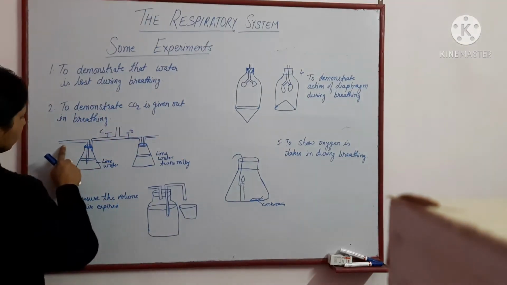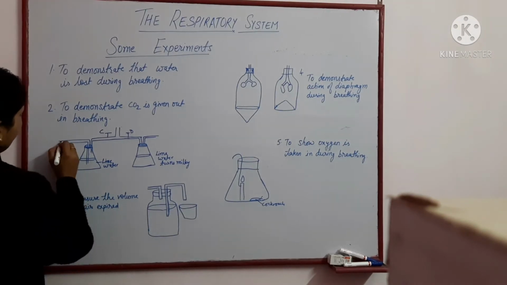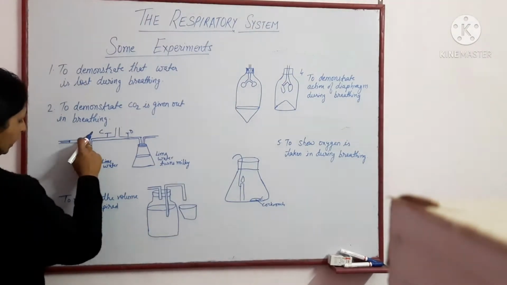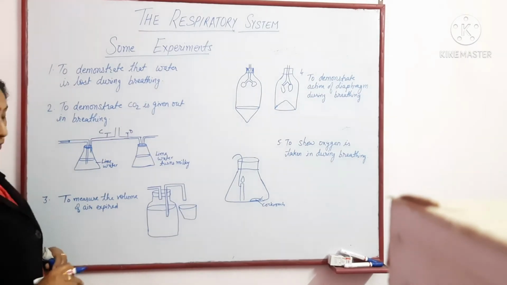In this, you can see this is the inlet where the atmospheric air enters. From here, this atmospheric air enters a conical flask containing lime water.